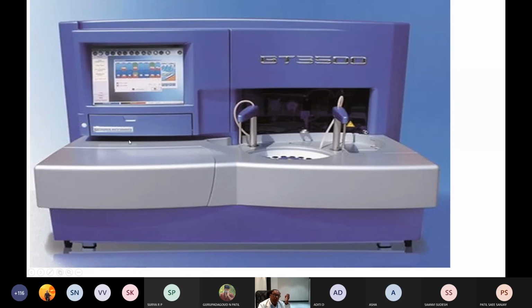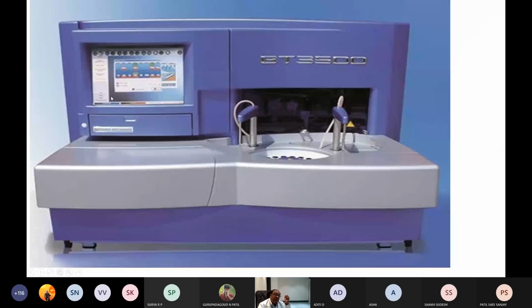So you are using reagents economically, you can save them. But the cost of this instrument will be very high, and the maintenance is also sometimes very high. That is part of it.